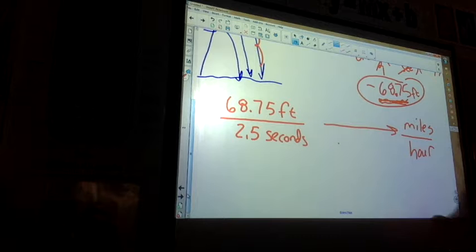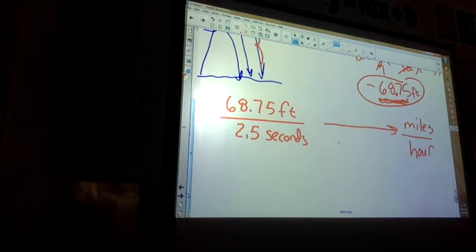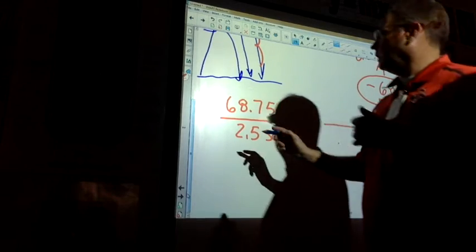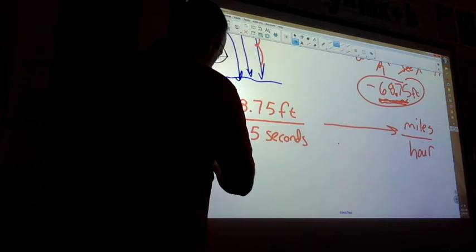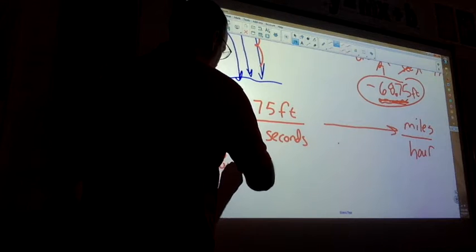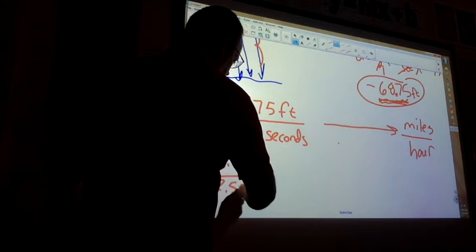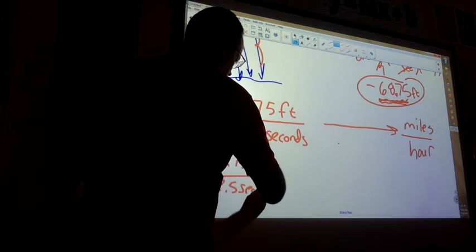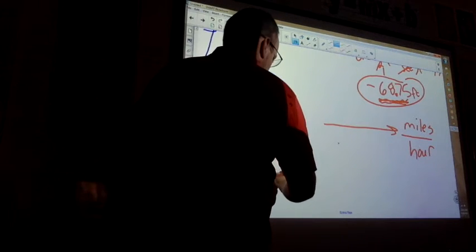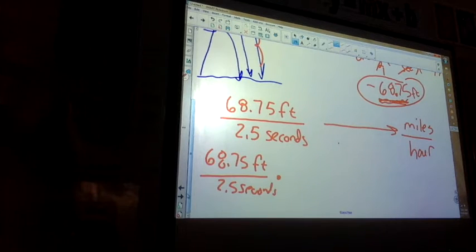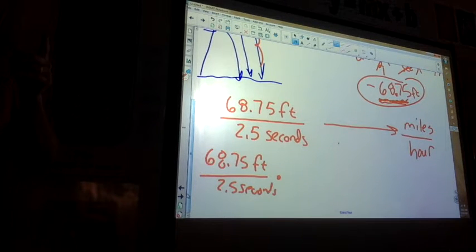Okay, so what would you like to convert first? Would you like to convert feet into miles or seconds into hours? It doesn't matter. Feet into what? Miles. Feet into miles. Okay, so let's do feet into miles. So 68.75 feet over 2.5 seconds. Okay, so I want my new units to be in miles per second, right? Okay, so let's think about this.